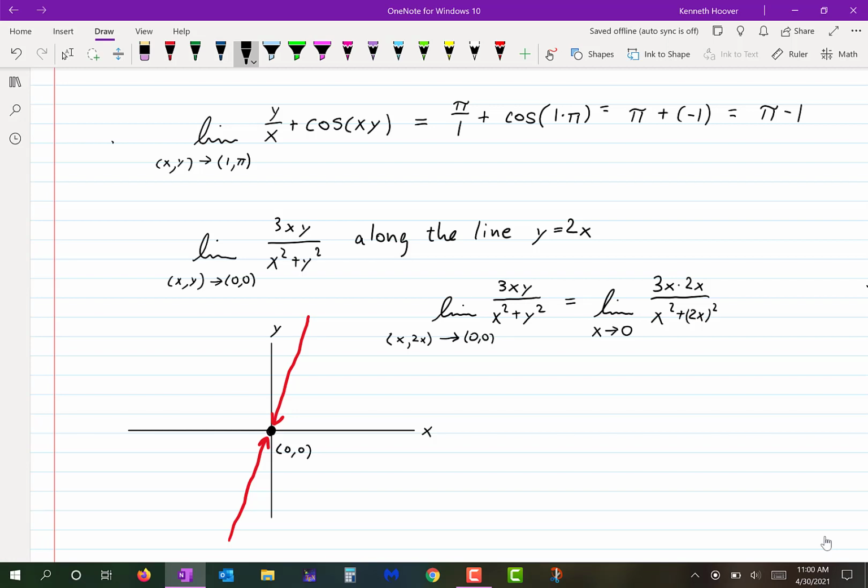So let's see what that limit is. So first of all, I'm going to simplify. So this would be what? 6x squared over 5x squared, right? As x approaches 0, you get the indeterminate form of type 0 over 0. So we use L'Hopital's rule.